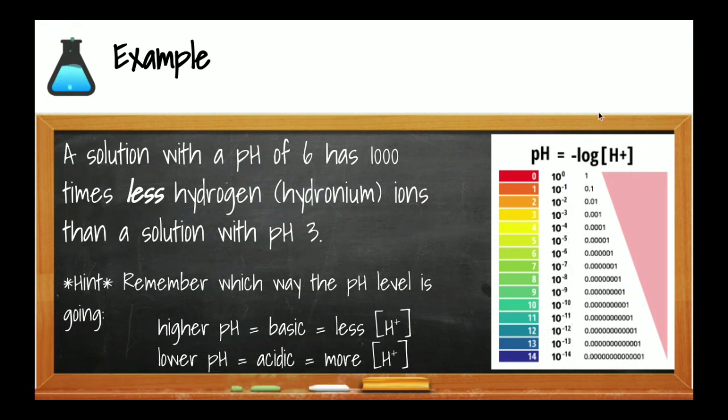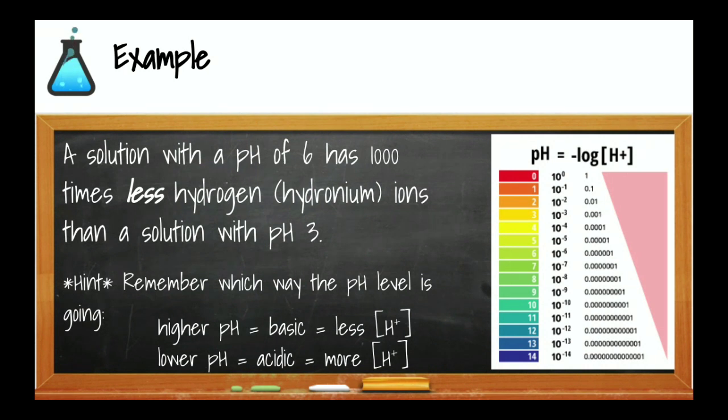And if we look at the exponent on these molarities, that directly corresponds with the pH. But since all of these concentrations are less than 1, as the exponent becomes more and more negative, the actual number of hydrogen ions becomes smaller and smaller.